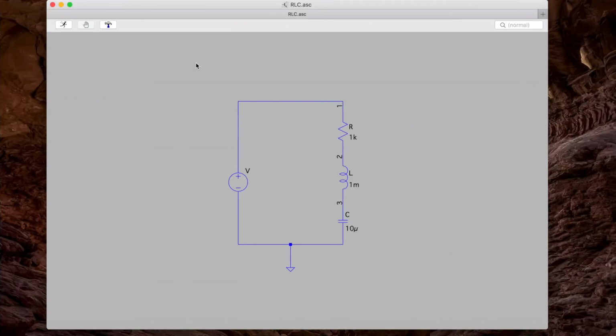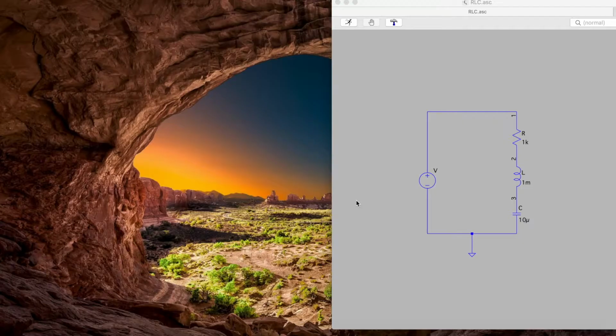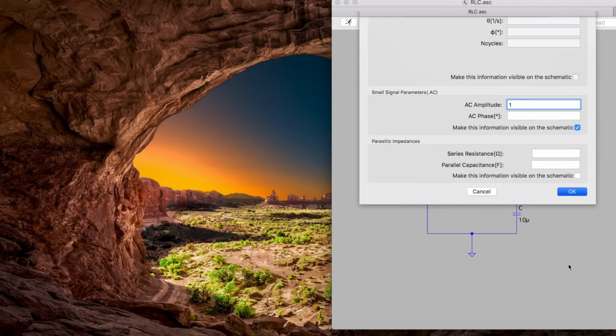Okay, now we will observe these notions by means of this circuit. Let's start with the first simulation with the directive .AC. Firstly, we have to configure the voltage source, so right-click, and here we will use the small signal parameters, so the AC amplitude 1 volt.